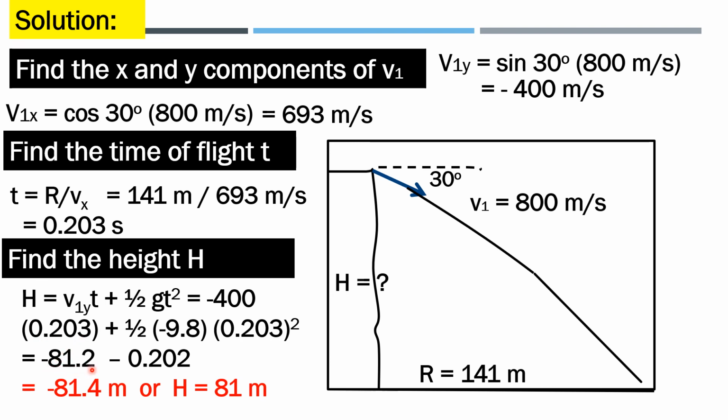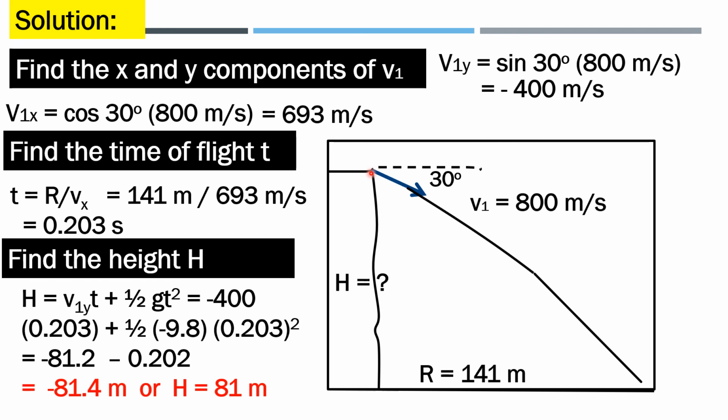And then for this one half, negative 9.8, multiplied by the square of 0.203, what we will get is negative 0.202. So the two numbers are both negative, so we simply add them. That gives us 81.4 meters. The displacement is downward, or below the top of the cliff, which is our reference.